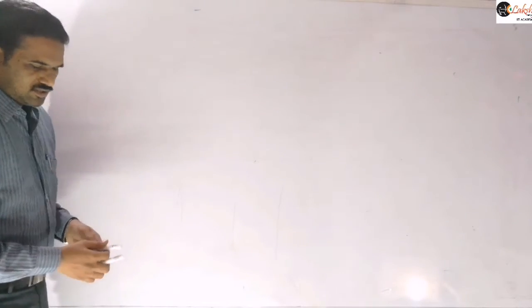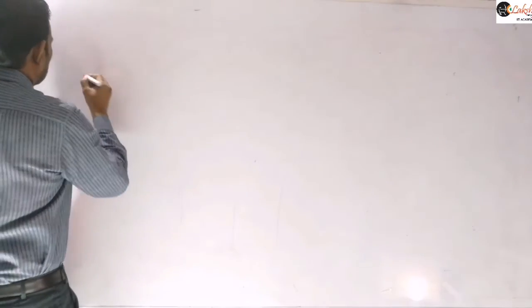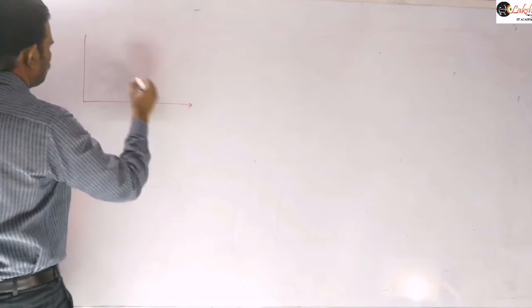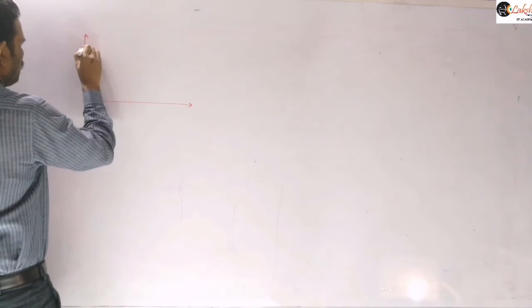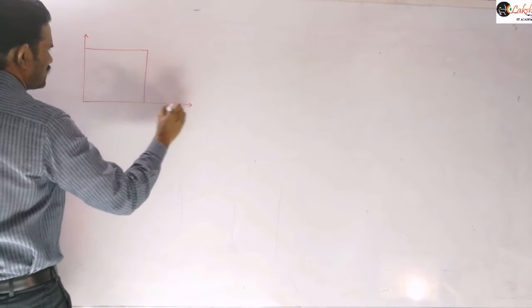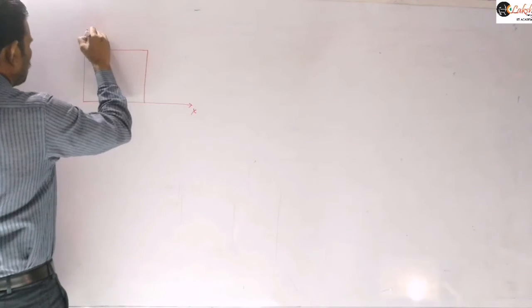Note down that data here. I am taking a square loop traced along this direction. This is the x and y axis.